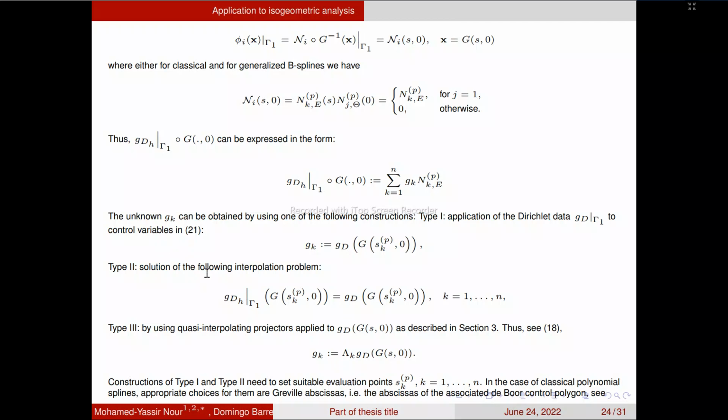The first type is the direct problem to the data, and the other two types are solutions by quasi-interpolant using SQP, where SQP is the averaging of all points divided by p minus 1. It is already presented in the reference.